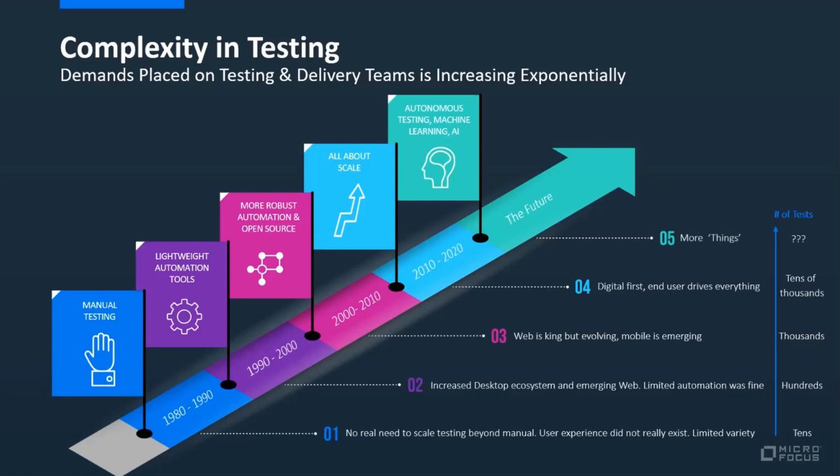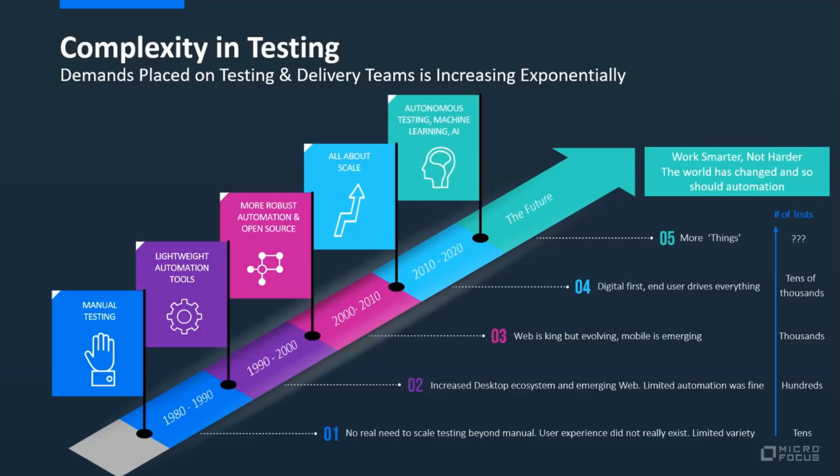We see wearables coming with computing power that will need to also get into the testing cycle. And we cannot even forecast what the number of tests that need to be covered will be. So the bottom line is we need to work smarter. Definitely not harder, because as you see here in this simple timeline, the world has changed, and so should automation.